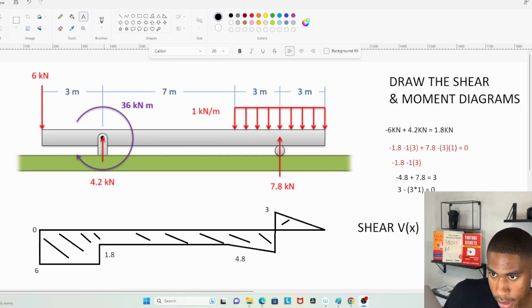And that moment looks like it's a positive moment of 36 kilonewton meters. And I say it's positive because it's going clockwise.